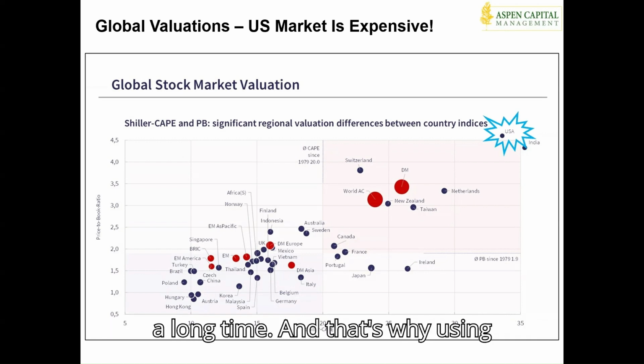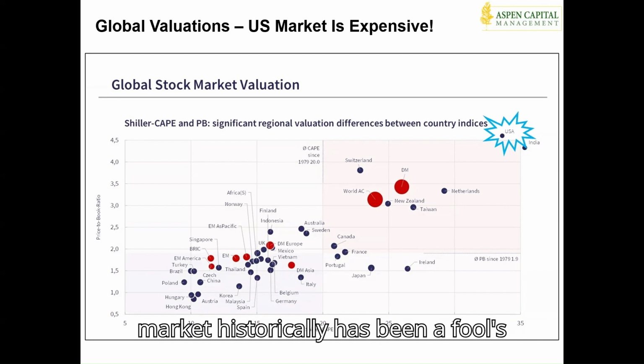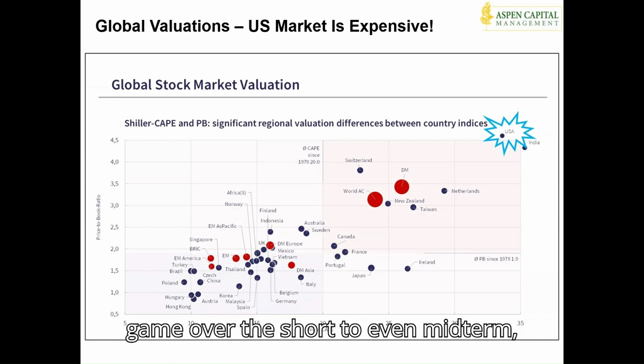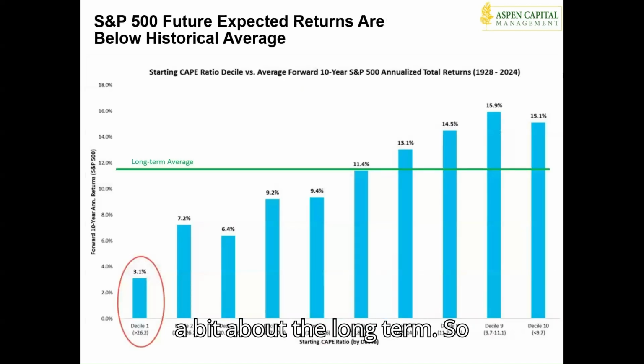And that's why using valuation metrics to try to time the market historically has been a fool's game over the short to even midterm. But it does actually tell us quite a bit about the long term. So the data we're sharing with you here is data for the S&P 500 index, so the US large cap equity index.